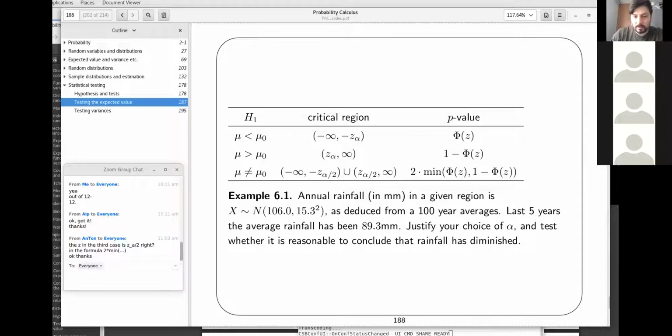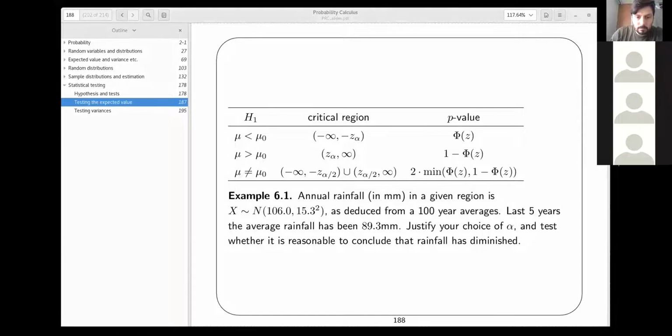But let's calculate the p-value. In order to calculate the p-value, we calculate the cumulative distribution function at that minus 3.6099. So norm CDF of minus 3.6099, and we get about 1.5 times 10 to the minus 4.